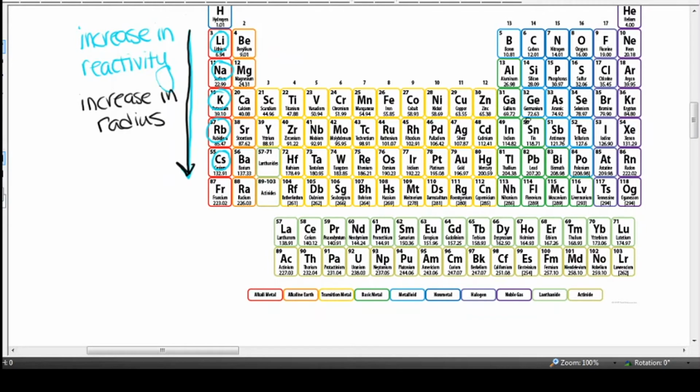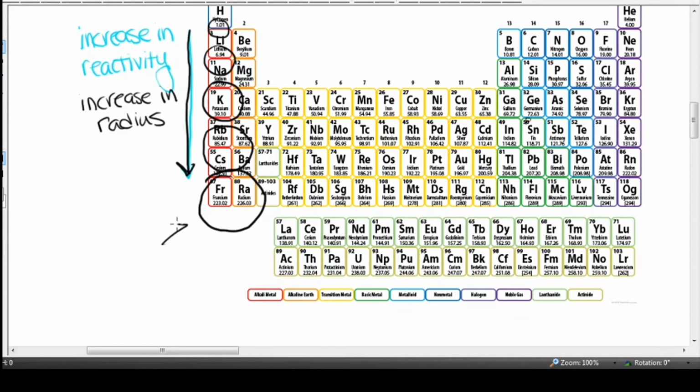In fact, maybe I'll erase my little blue circles here when we're talking about reactivity. And I'm just going to draw, and you can draw this too on your notes in your packet on the little periodic tables I've given you to sketch out these trends. You can draw that the radii start off small and they get progressively bigger as we go down the periodic table.